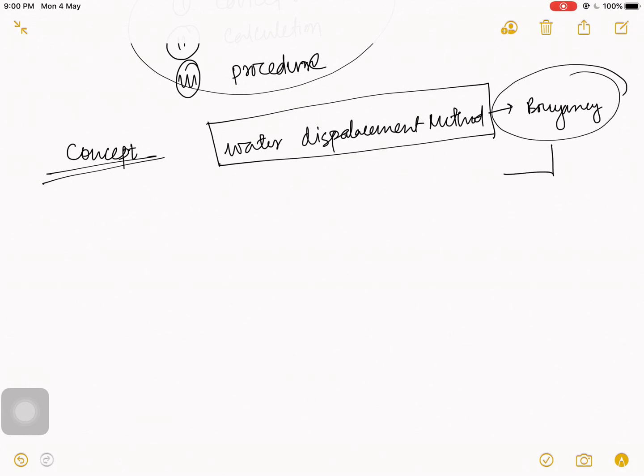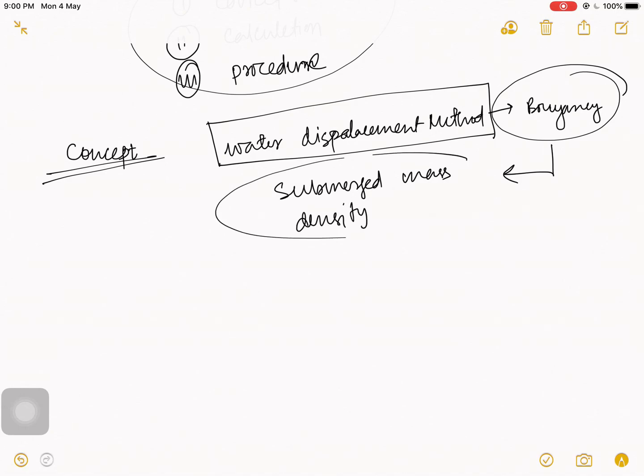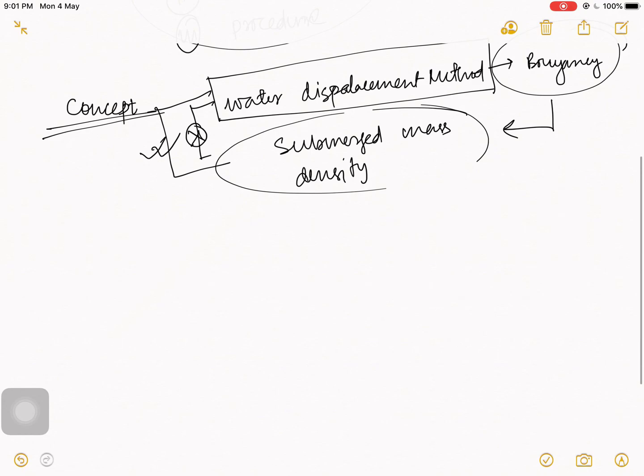The same concept is repeated here in the submerged mass density method. The two procedures are different, but conceptually they are almost similar. If you want to know the submerged density method, you have to understand Archimedes principle.